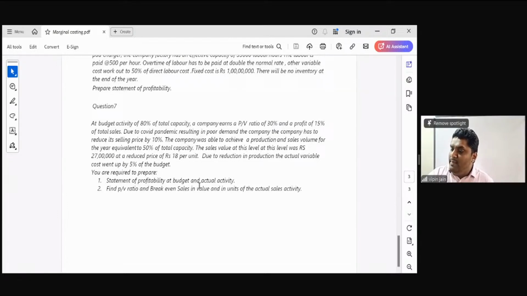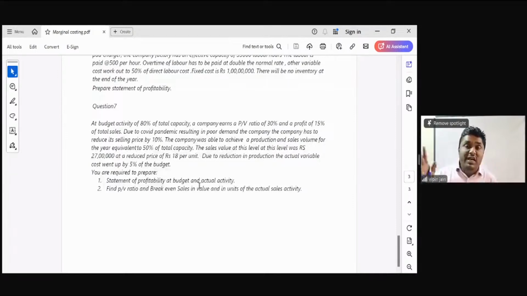The company was able to achieve a production and sales volume equivalent to 50% of the total capacity. So when talking about budget, what we thought is that we will work at 80% capacity, my PV ratio will be 30%, my profit will be 15% of sales. But when talking about the actual, the first thing we have to do is that the actual selling price is reduced by 10%, because of poor demand.